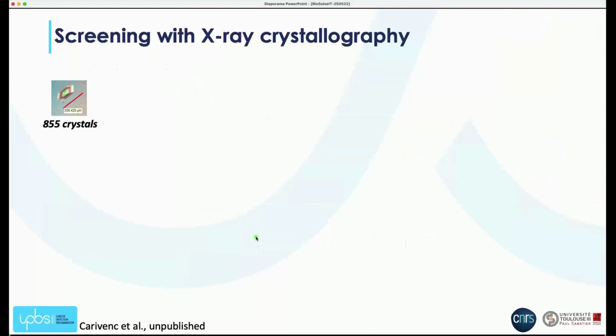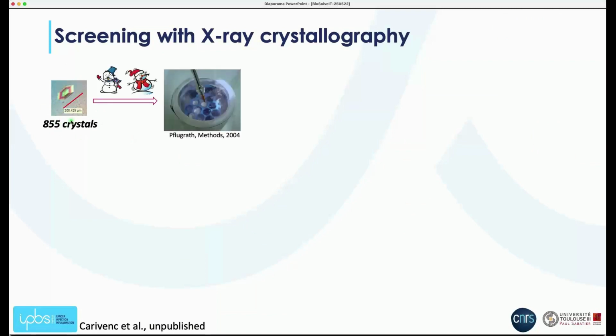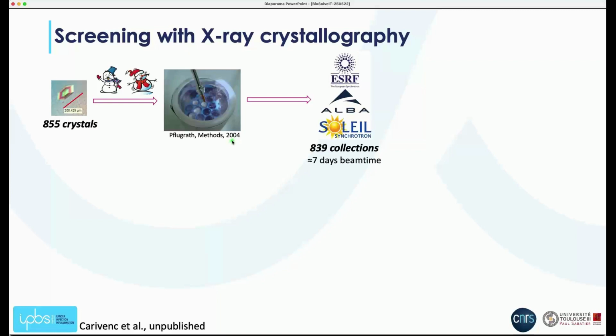Then comes the difficult part, because we had about 850 crystals. You will have to cool them in liquid nitrogen in a cold room, so it's rather cold in there. Then you send them to synchrotron. So we mostly use the automated MASSIF beamline at the ESRF in Grenoble, but we also use beam time at Alba in Spain and at Soleil close to Paris.